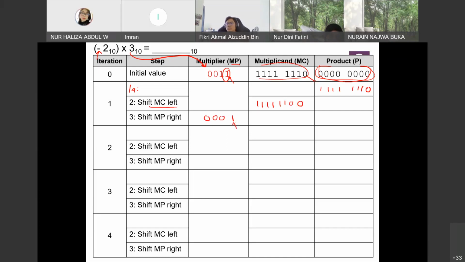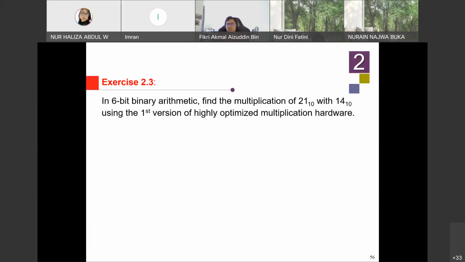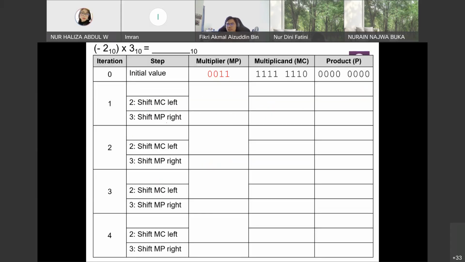And you check again, what is your MP digit 0? It is 1. So you need to do 1A again. Followed by, later on you will get 0000. Currently, there is no operation. And so on. For this part, 0001, what you need to do is add.